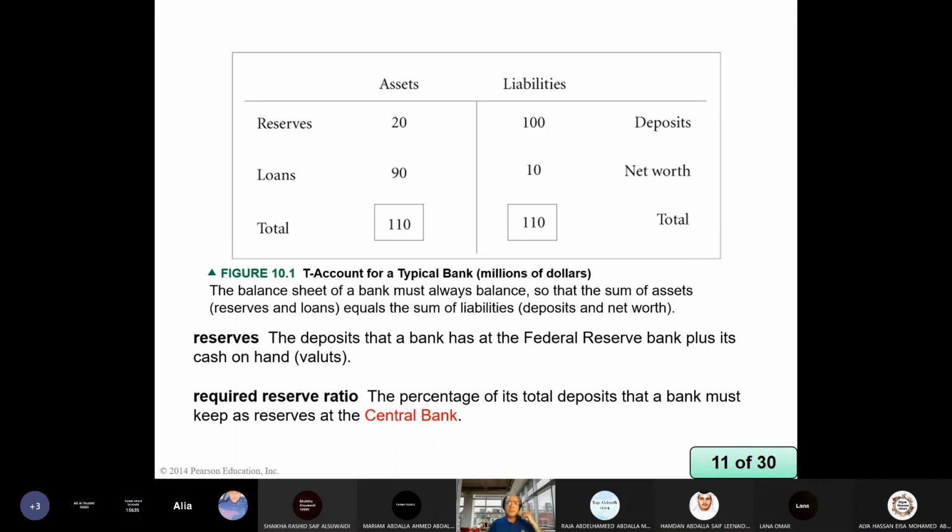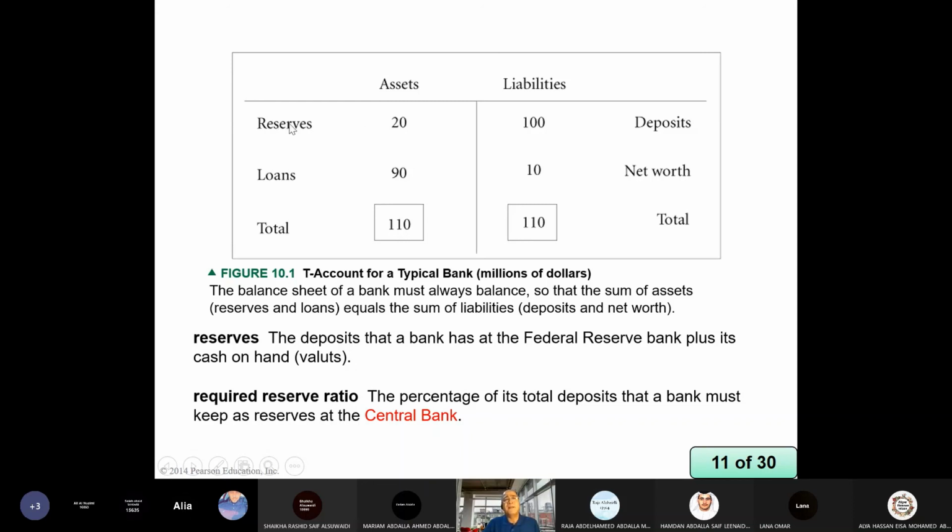So always assets equal liabilities. So what is reserves, with Alia Hassan? The deposits that a bank has at the Federal Reserve Bank plus its cash on hand. Okay, so see here, reserves include two items: cash in the bank wallet or in the bank boxes, plus the bank deposits some money at the central bank.